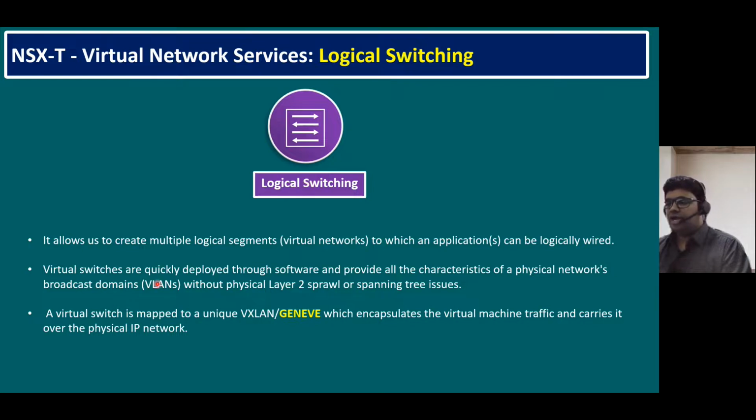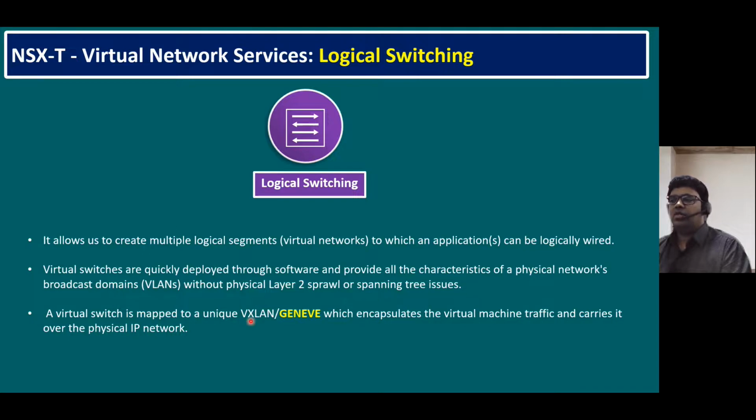So virtual switches are quickly deployed through software. It's a software component that provides all characteristics of a physical network broadcast domain VLAN, without physical layer 2 sprawl or spanning tree issues. That is the importance of the logical switch. And a virtual switch is mapped to a VXLAN.